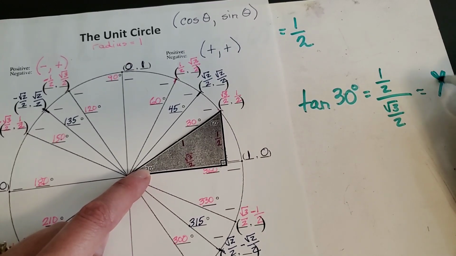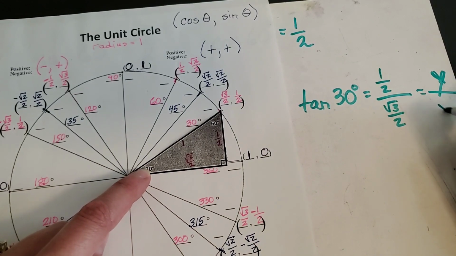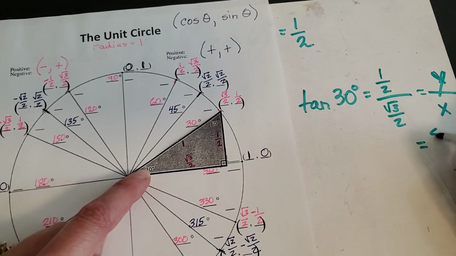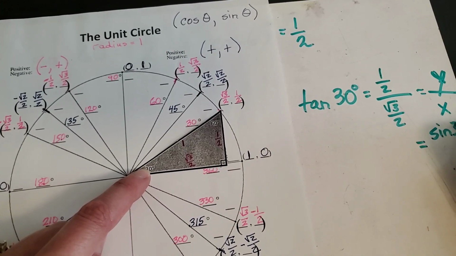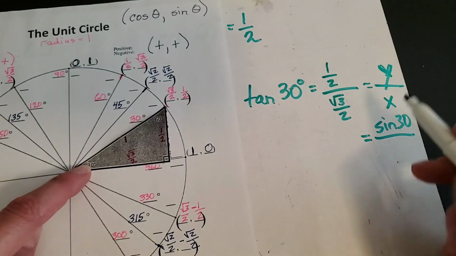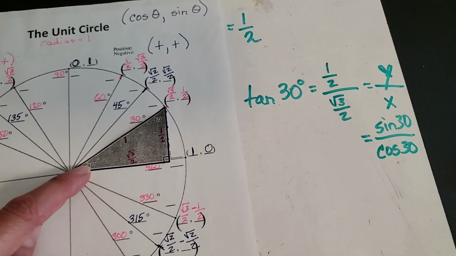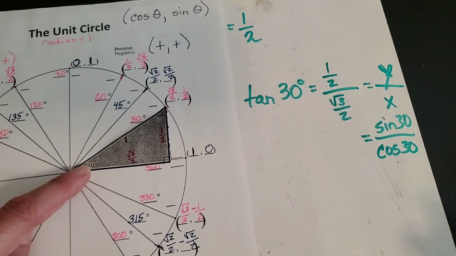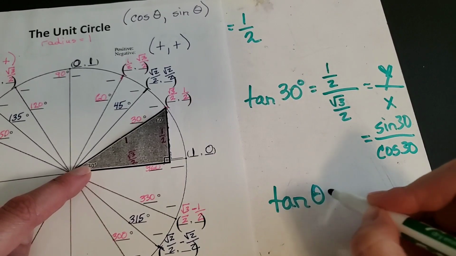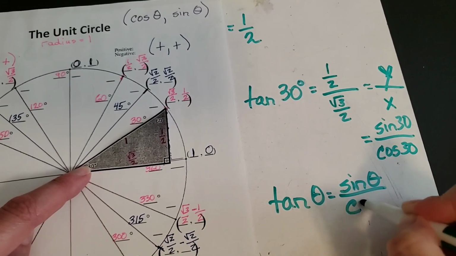I just lied there. The y coordinate over the x coordinate. And we know that the y, that's the sine of 30 degrees. And the x coordinate is the cosine. So this is another way to define tangent, and that is the tangent of an angle is the sine over the cosine.